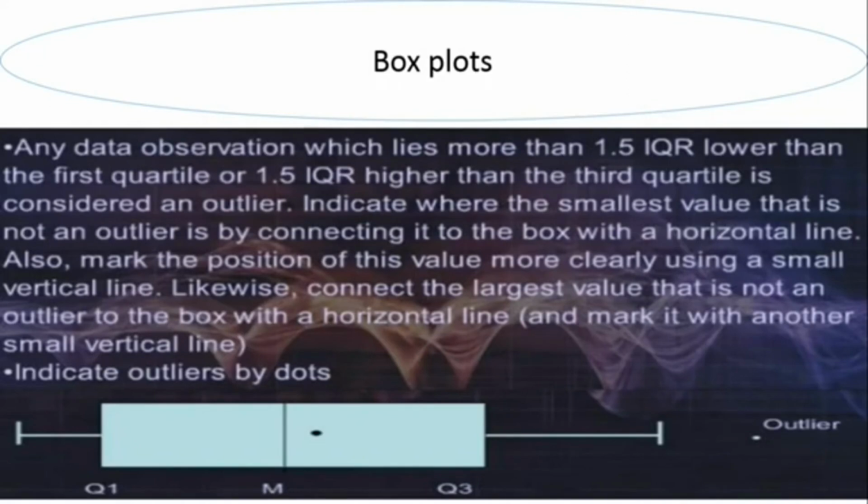Indicate the smallest value that is not an outlier by connecting it to the box with a horizontal line, and also mark the position of this value more clearly using a small vertical line. Likewise, connect the largest value that is not an outlier to the box with a horizontal line, and mark it with another small vertical line. Indicate outliers by dots.